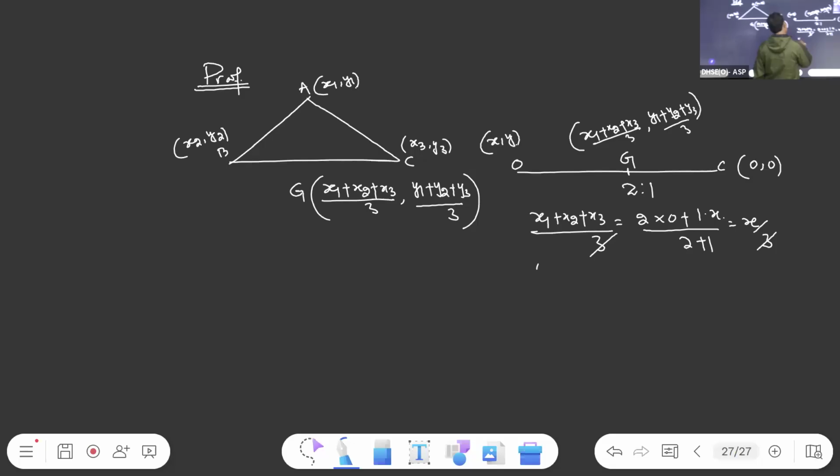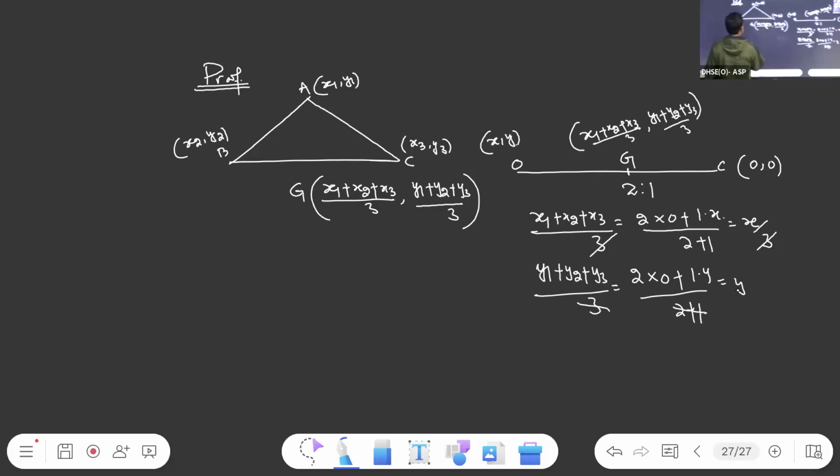Similarly, (y1 plus y2 plus y3) by 3 is equal to (2 into 0 plus 1 into y) upon 3, so y is equal to y1 plus y2 plus y3.